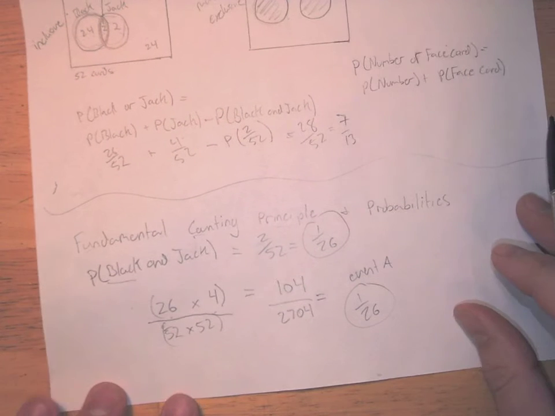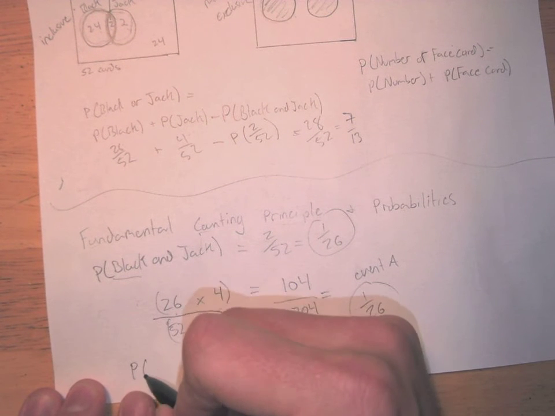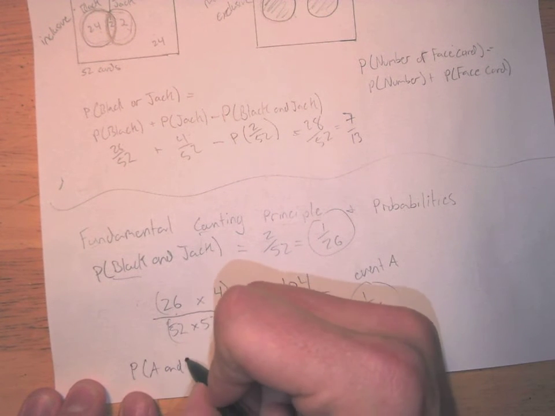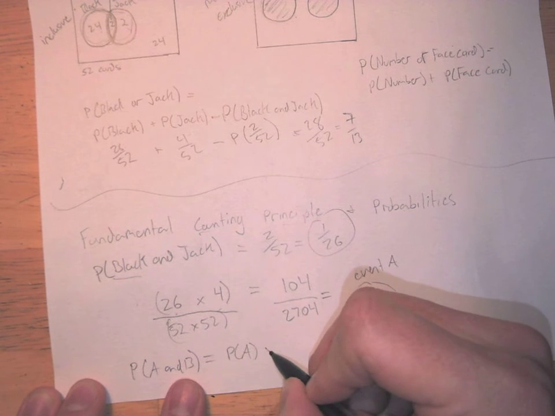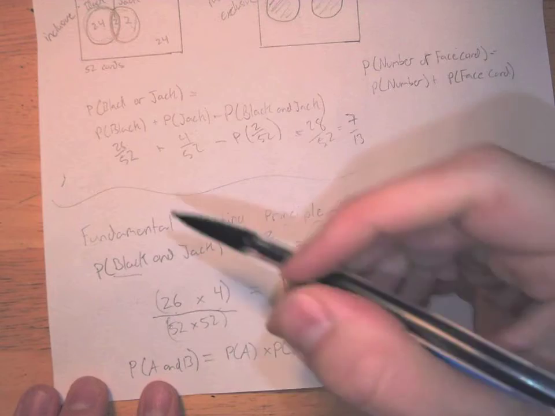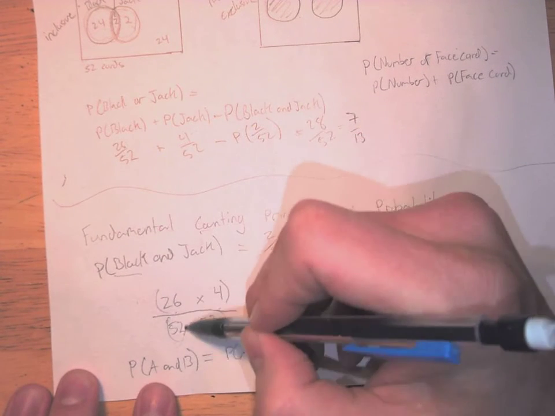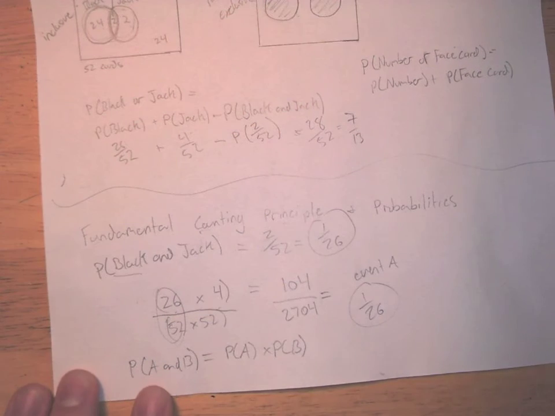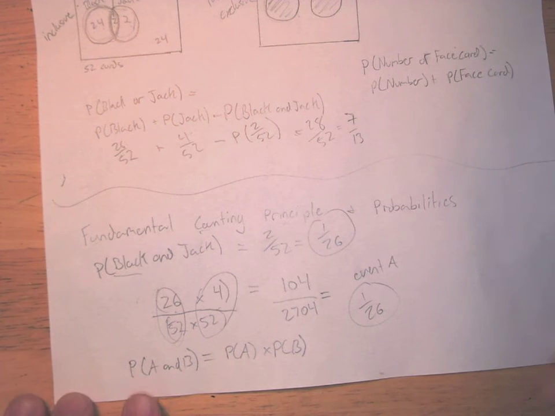The idea behind this is that the probability of A and B is the same thing as the probability of A times the probability of B. Because if you think about it, this right here is the probability of pulling a black card, and this right here is the probability of pulling a jack.